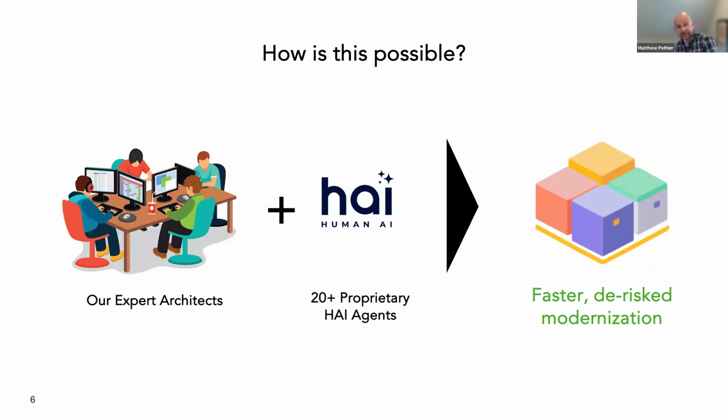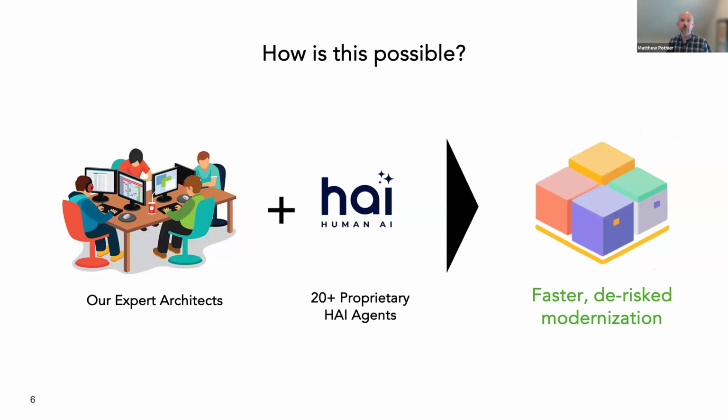So de-risk, what do we mean by that? Because these AI agents can analyze such vast amounts of code, we can identify problems early on, before the actual migration or app mod begins, right? Hidden dependencies, deprecated APIs, potential security issues, right? All these things that would be detected by humans are now detected early on thanks to these agents.